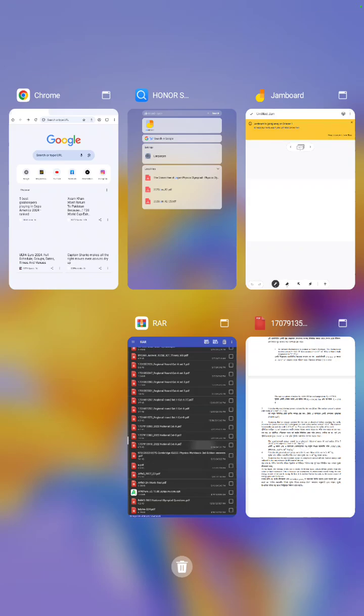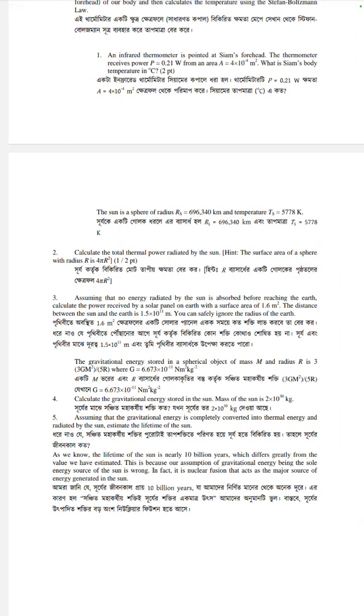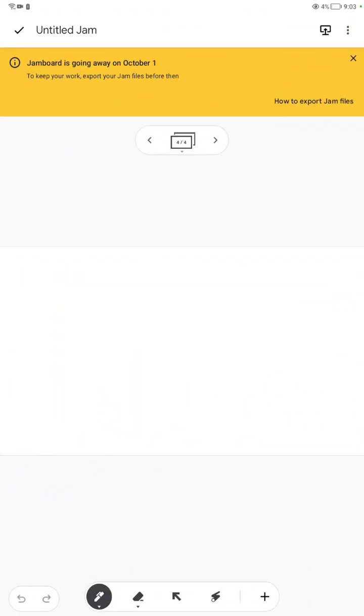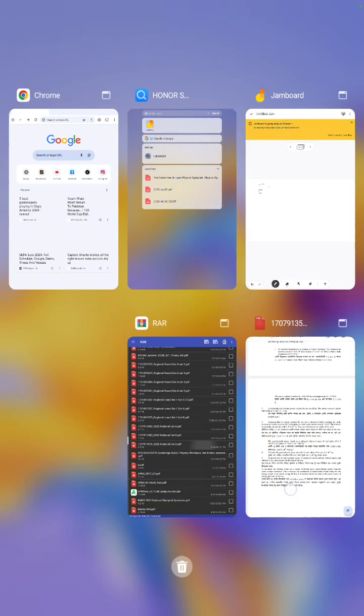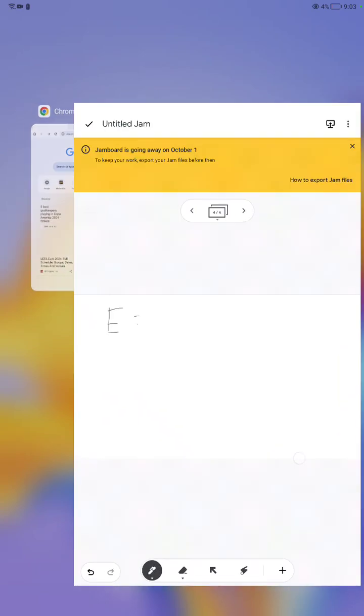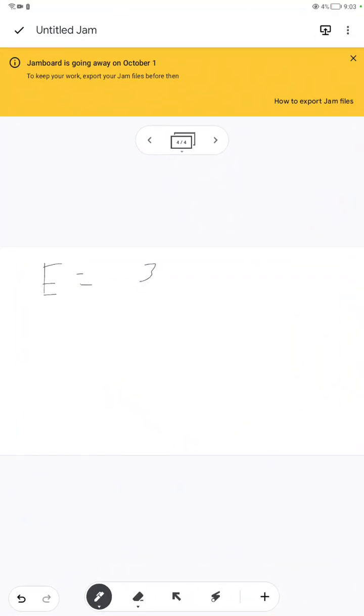So I need to calculate the gravitational energy stored in the sun. The gravitational energy stored in the sun is 3 G m square by 5r.